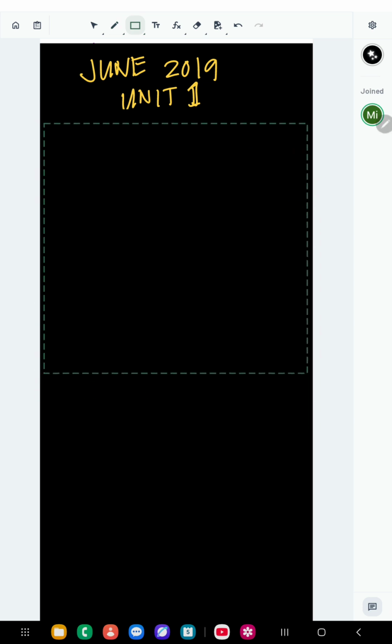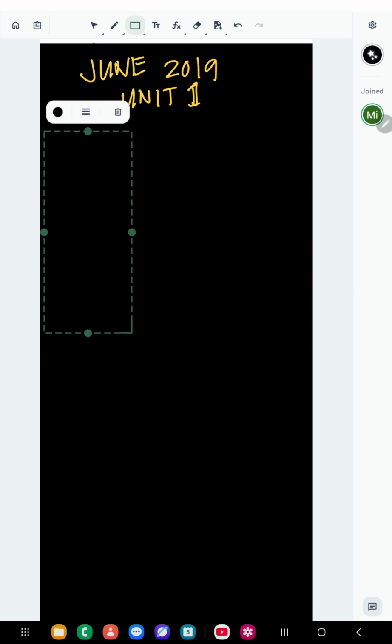So that is for letter B. 21B. So what's the question here? Okay, the results are shown in the table. Plot a graph of these results. So we plot all of the points there.